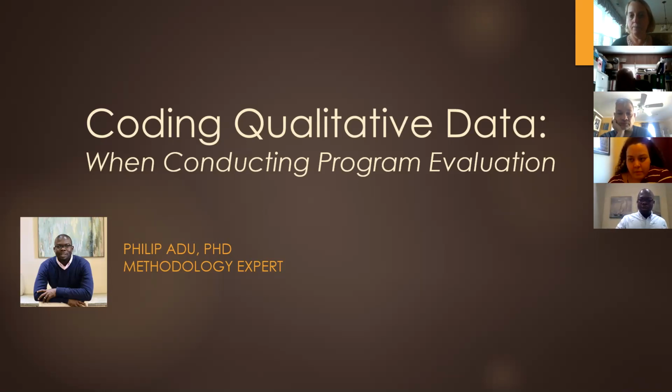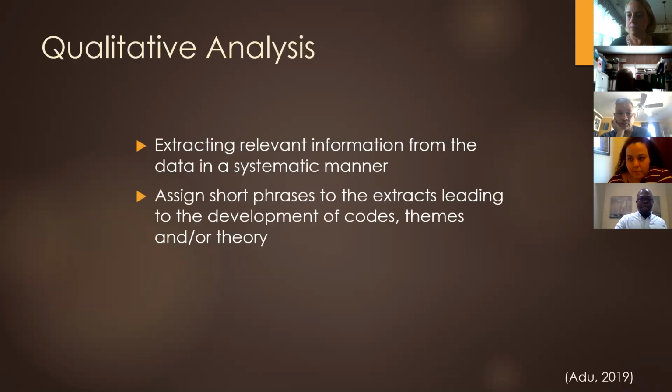So I'm going to talk about coding qualitative data. And as you are aware, qualitative data is all about trying to reduce your data, right? The end result is you want to summarize the data that you have been given. So it's all about data reduction. So how do you do it?